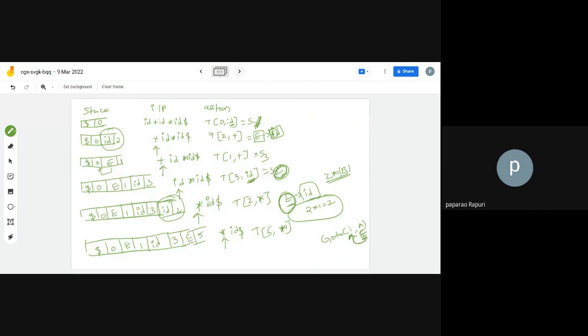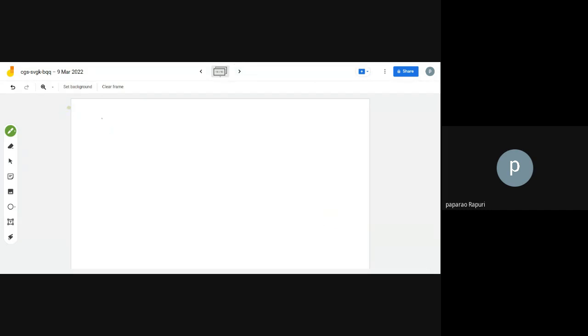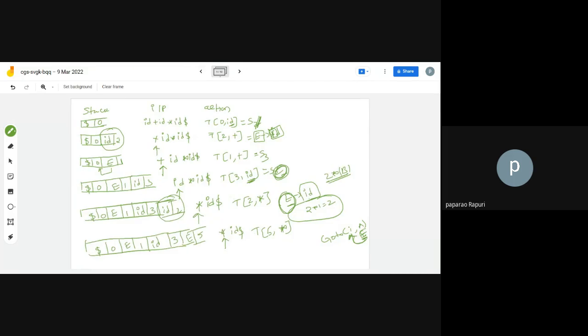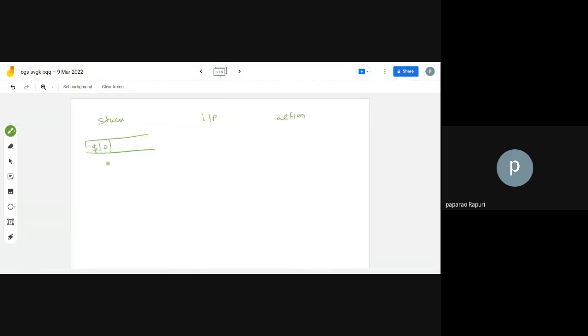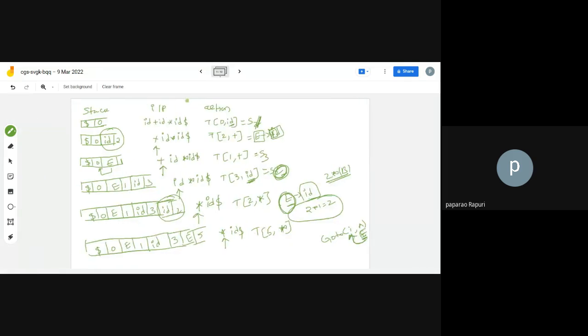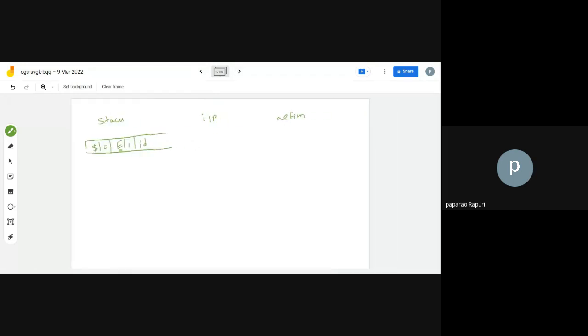Right. We'll take one more. Stack, input, and action. In the stack we have $0 E 1 ID and 3 E 5.